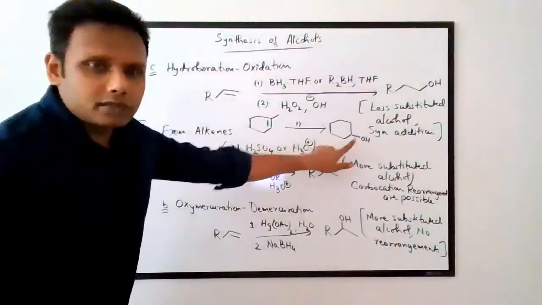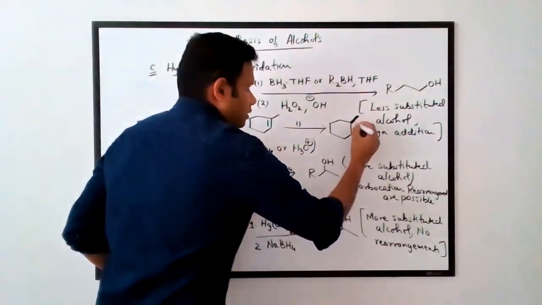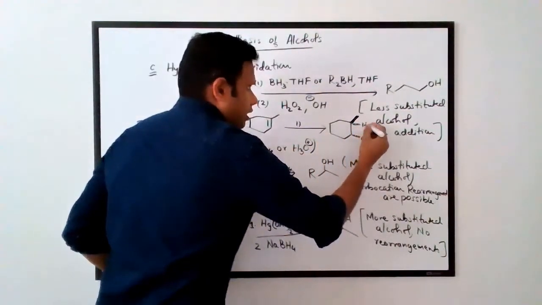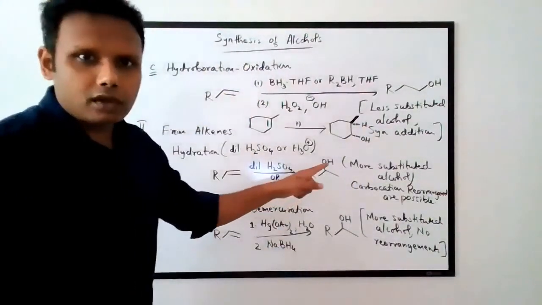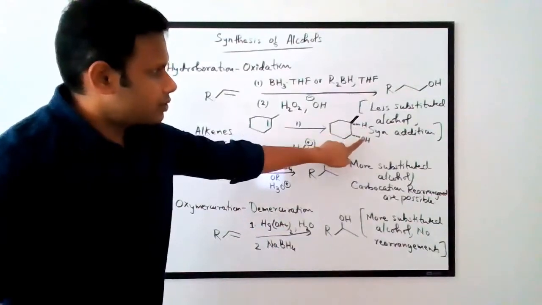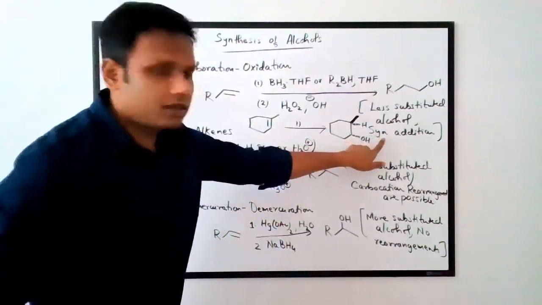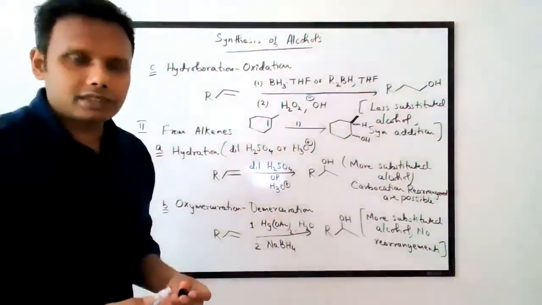That's where the hydroxyl group goes. And the hydrogen is added to the more substituted carbon. And notice how the stereochemistry of these two, the hydrogen and the hydroxyl, is syn with respect to each other. They're on the same face.